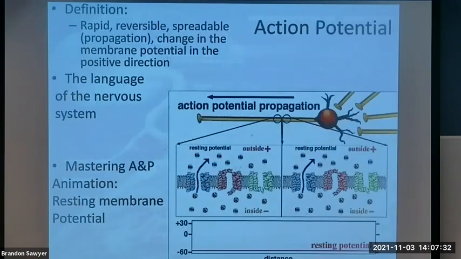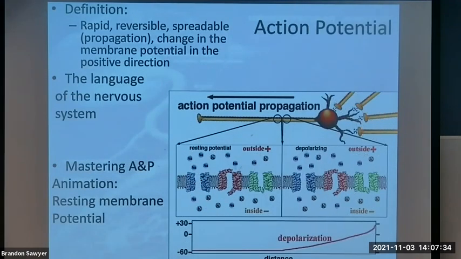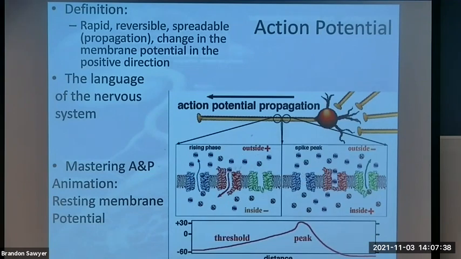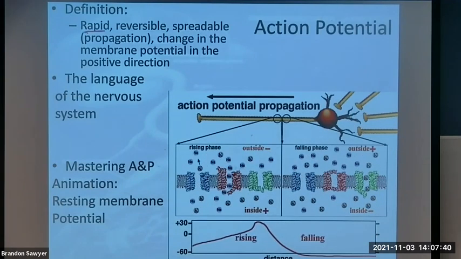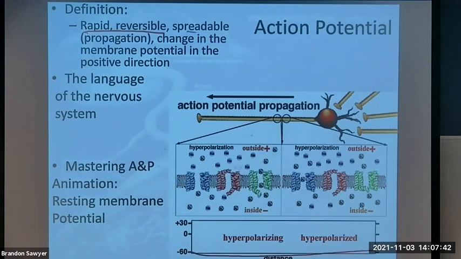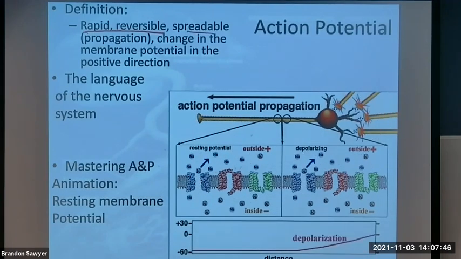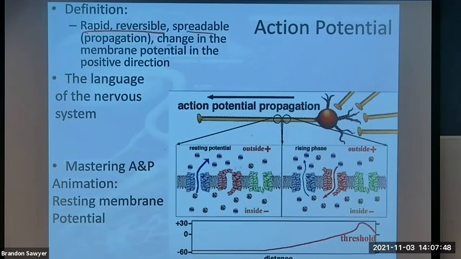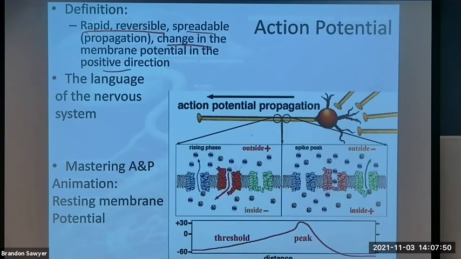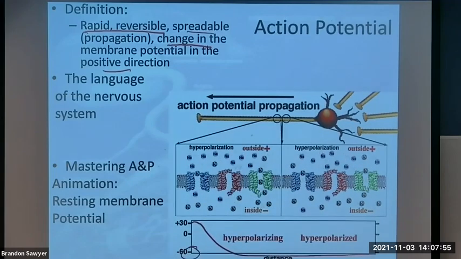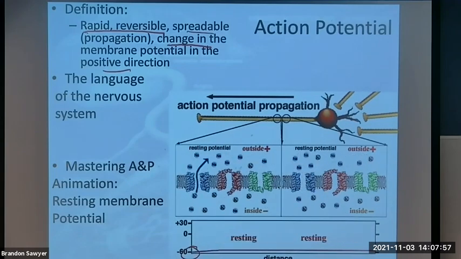Okay. All right, so just real briefly about an action potential. We'll talk more about action potentials later, but the definition of an action potential is a rapid, reversible, spreadable change in membrane potential in the positive direction, which means it propagates down the axon or down the cell. So we go from being negatively charged down here to all of a sudden shooting way up in the positive direction.